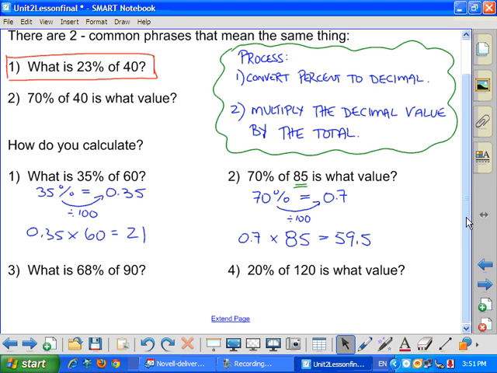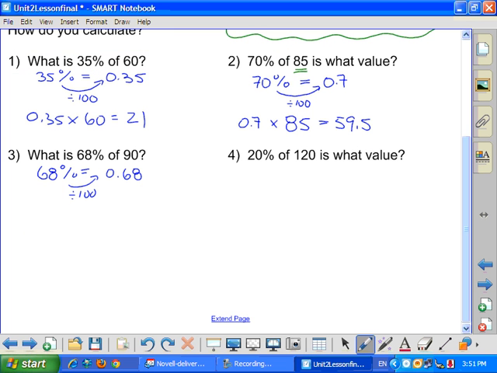What is 68% of 90? Again, it's the same process every time for us. Divided by 100, we get 0.68. Take the decimal value and you multiply it by your total, which is the 90. So 0.68 times 90 is 61.2.